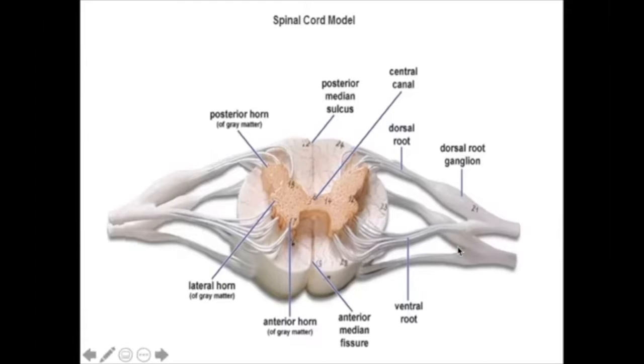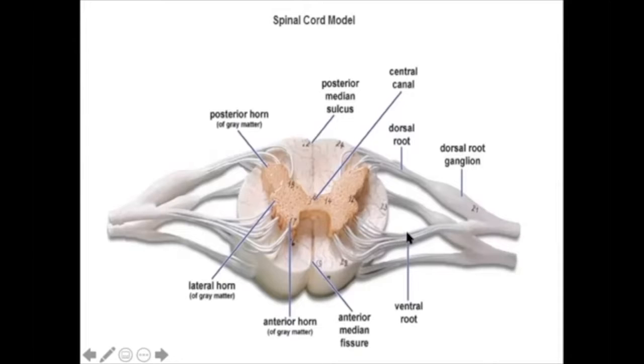But for some reason, the anatomical community, the academia, can't really decide whether or not we should call this anterior or ventral. So I think there's a push to switch these words. But for now, these are anterior roots or ventral roots.